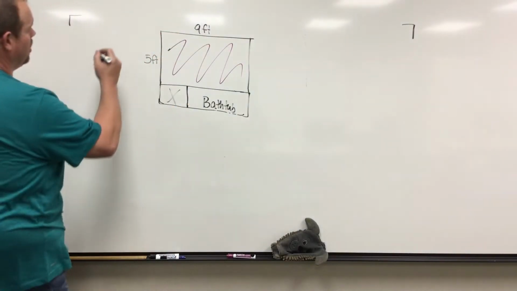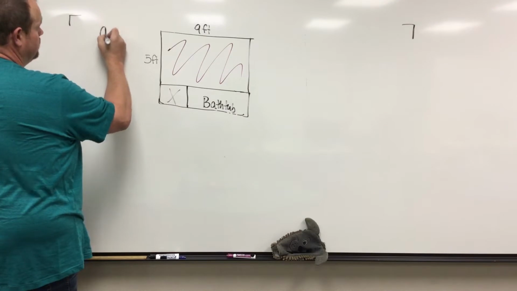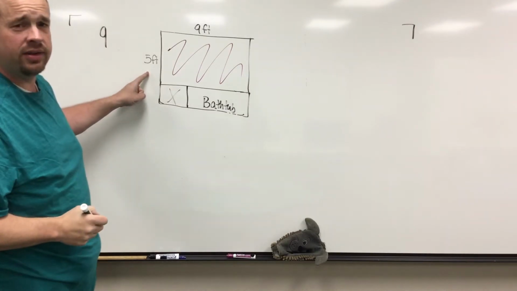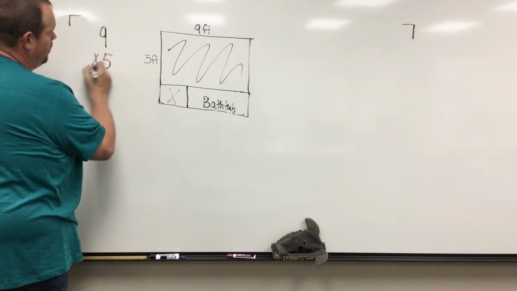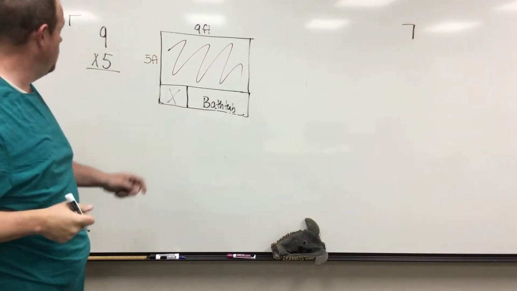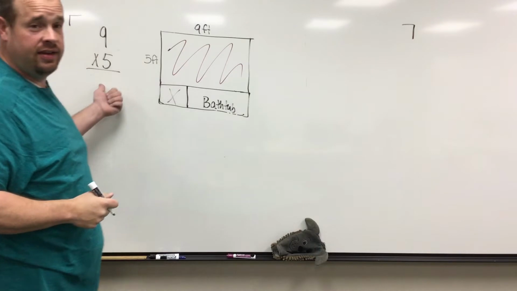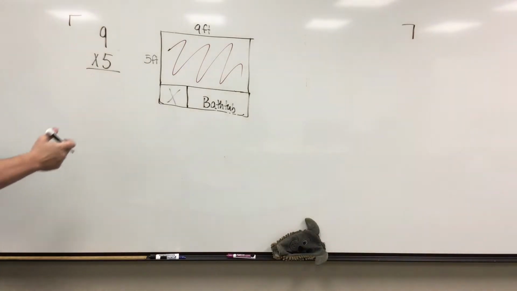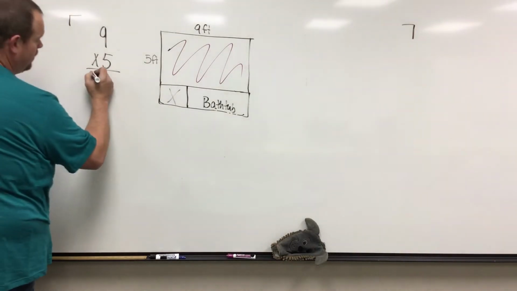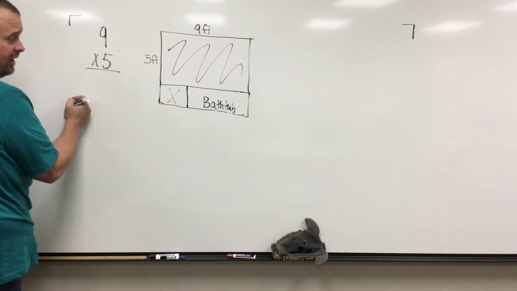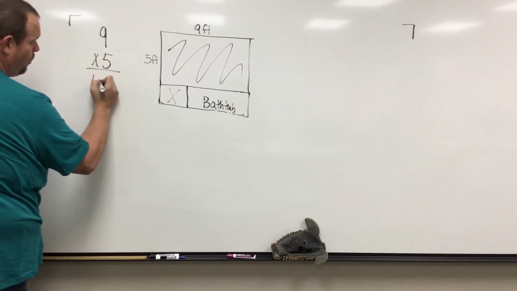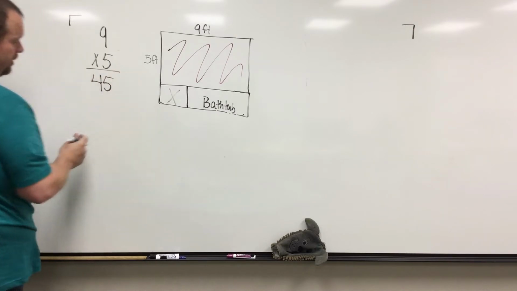It's 9 feet long. How wide is it? It's 5 feet wide. So we're going to multiply 9 times 5. I know my nines, that's going to give me, if 5 times 10 is 50, subtract 5, that'll give me 45. That's the way I like to do my nines.